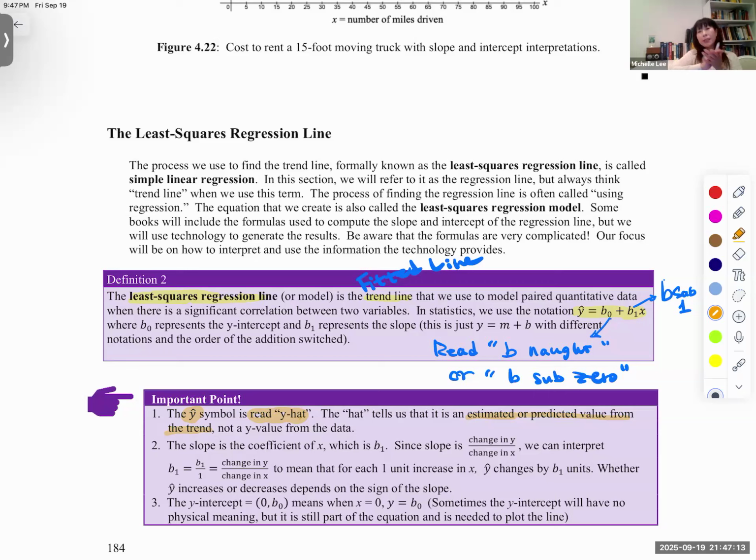Then we can see that b sub 1 is in front of x, like mx plus b. So m equals the slope, and b sub 1 x, so b sub 1 is m as well. That is the slope.